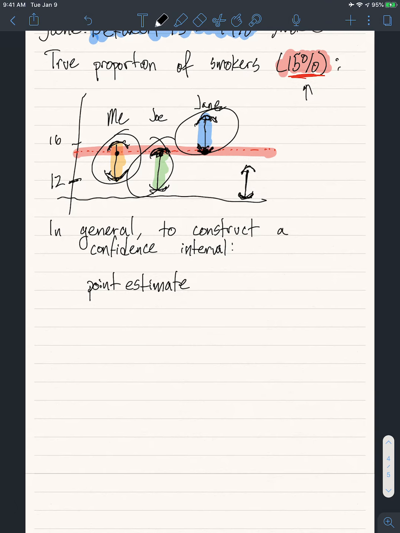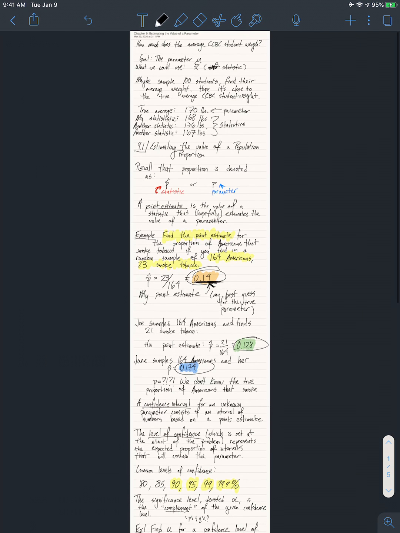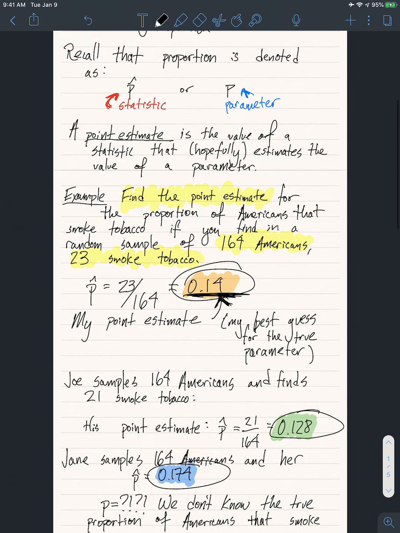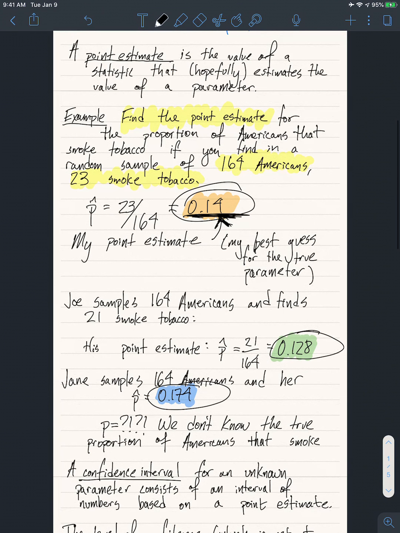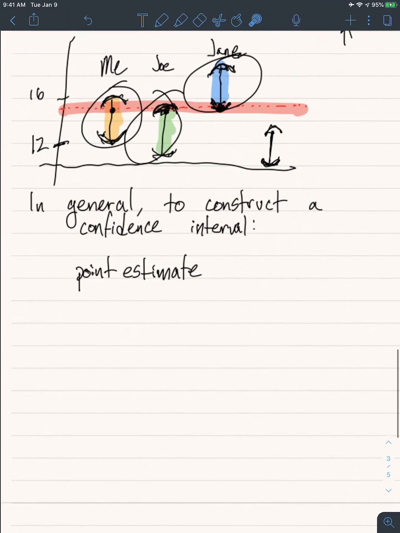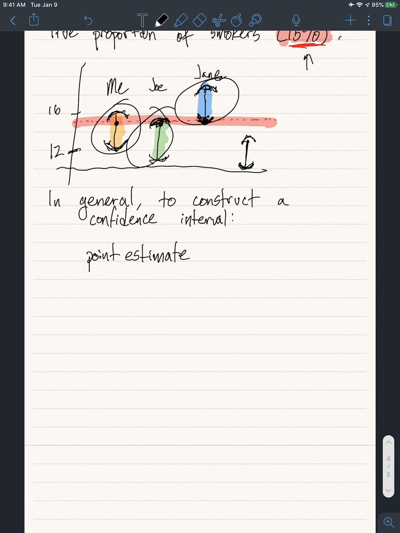Remember the point estimate, I said it all the way at the top. A point estimate is the value of a statistic that hopefully estimates the value of a parameter. It's what we find in our sample. It's our best estimate. So in general, to construct a confidence interval, we take our point estimate, that best guess we have, and we add and subtract something called a margin of error.